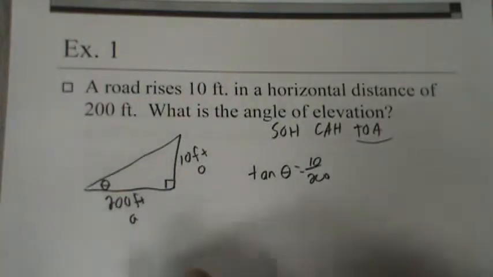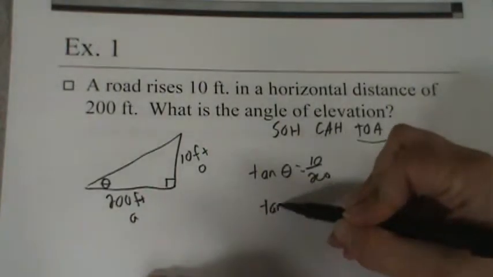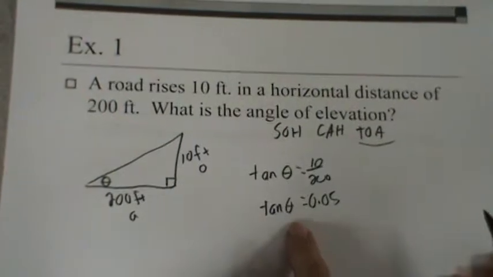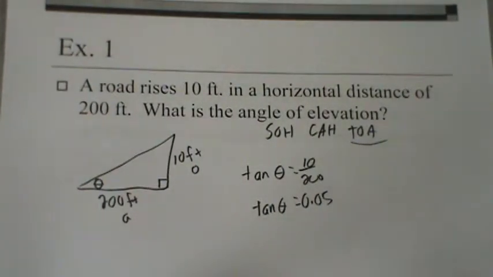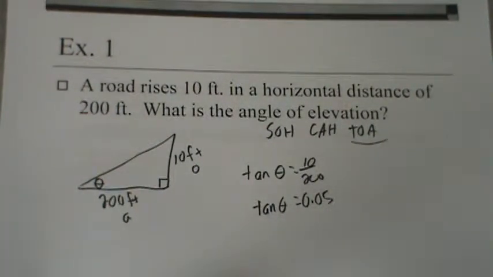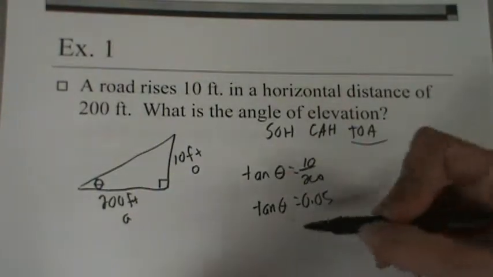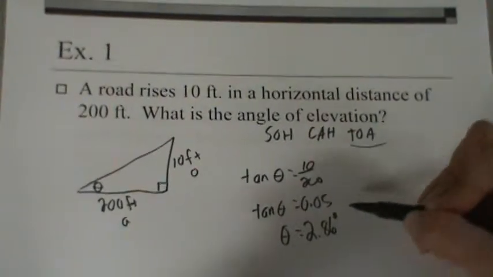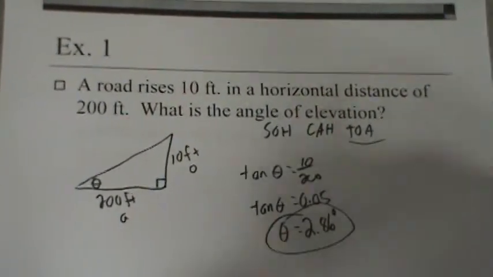So 10 divided by 200 is going to be 0.05. Since we're looking for the angle, that means we're going to have to do our second tangent. And once I do that, my theta, my angle there, is going to be 2.86 degrees. And that is my angle of elevation.